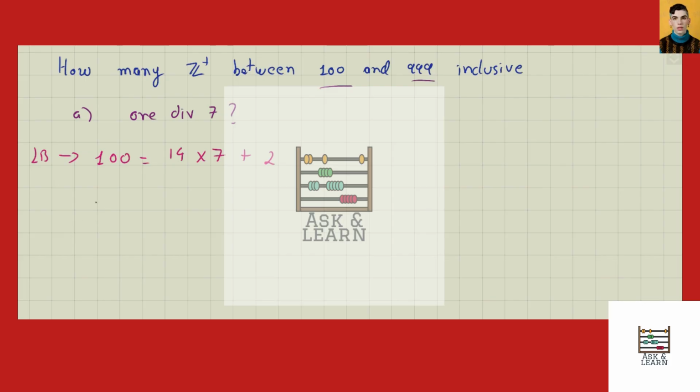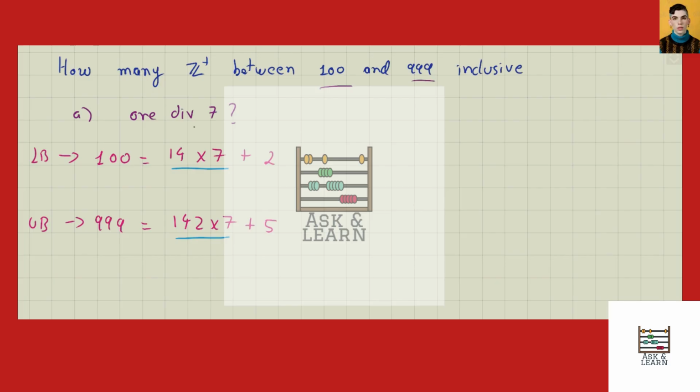And similarly, 999 is equal to 142 times 7 plus 5. And this is an upper bound for the interval and is inclusive. So you can see that here we have 14 times 7 and here 142 times 7.